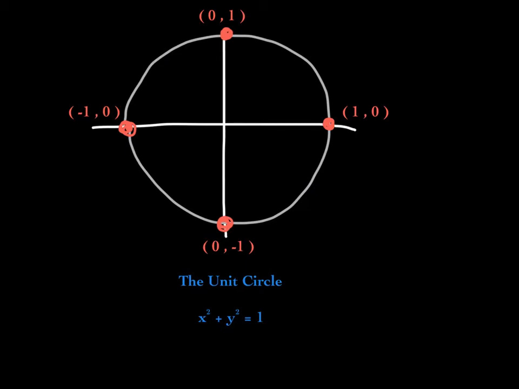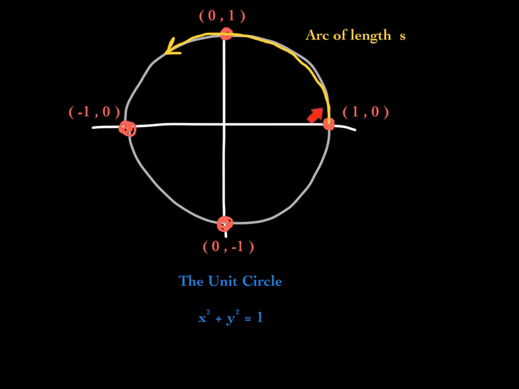So we're going to start out right here at this point 1, 0, and we're going to measure an arc. Here's the arc, I'm highlighting it in yellow. We're going to say the length of that arc is s. Now I drew an arrow here showing you the direction in which it's opening.